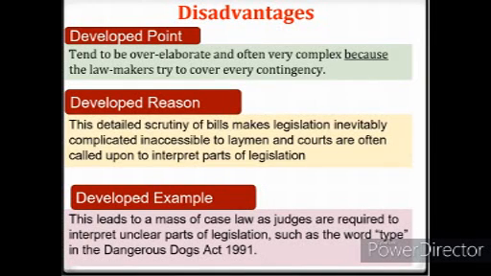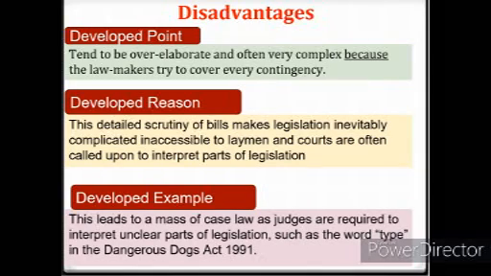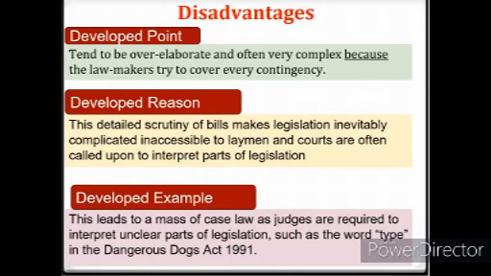The bills, as I've already said, laws in the UK, are very detailed. And some people might claim they're too complex because they try to cover every possible scenario. Now, yes, we've said that could be a good thing, but the problem can be they are over complex sometimes, and that leads to them being inaccessible to the general public.